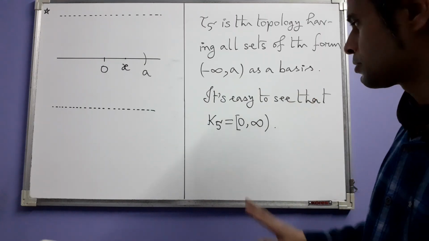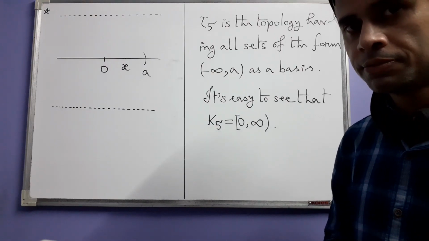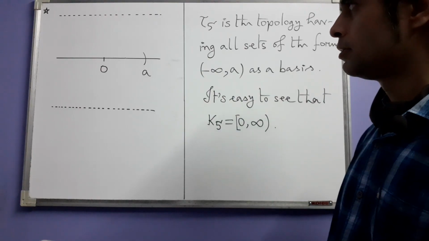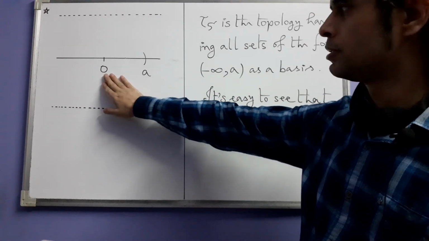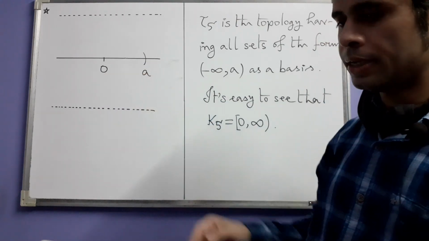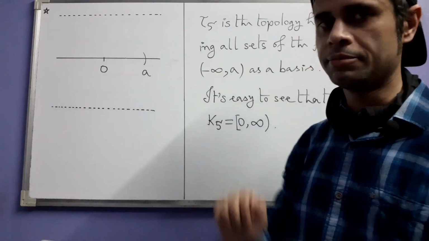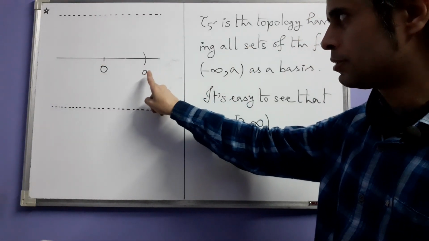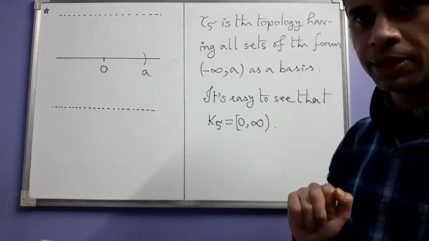So that leaves us only with 0. Why should 0 also belong to K5? An exactly similar argument works for 0 as well. So now our point of attention is 0 itself, and you consider any basis element containing 0, which is again a ray of that type. For such a ray to contain 0, this right boundary point A itself has to be a positive real number.